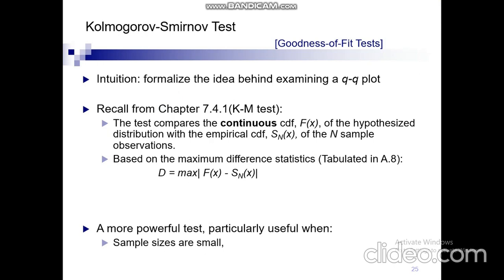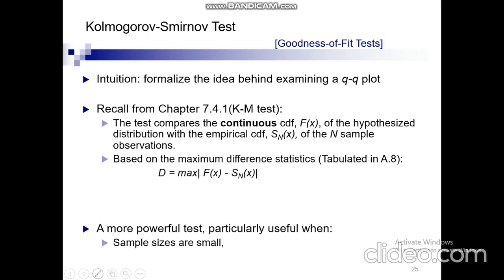This kind of test has already been done in the case of the frequency test. You can see it on page number 232, where we have the comparison of F of x and Sn of x. So this kind of problem has already been done.